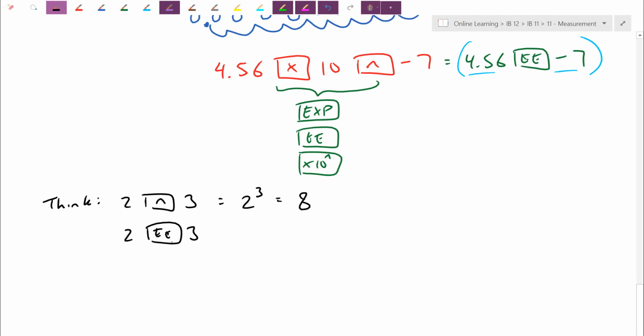In this case here, it also means power 3, but that EE represents that it's the 10 that's taken to the power. So this means 2 times 10 to the power of 3, which is a totally different number. Both of them are to the power of 3, but we actually are referring to different numbers. So that's going to be just exponential notation there.